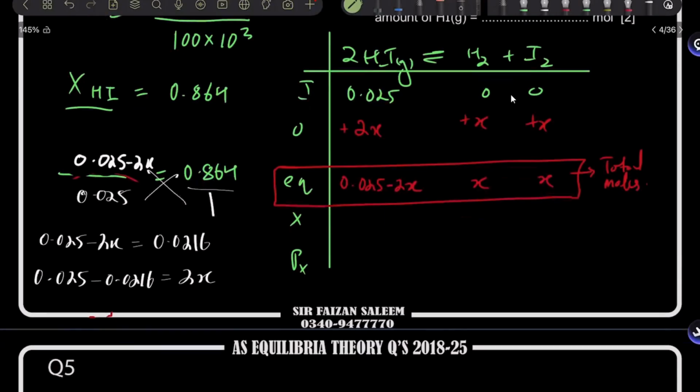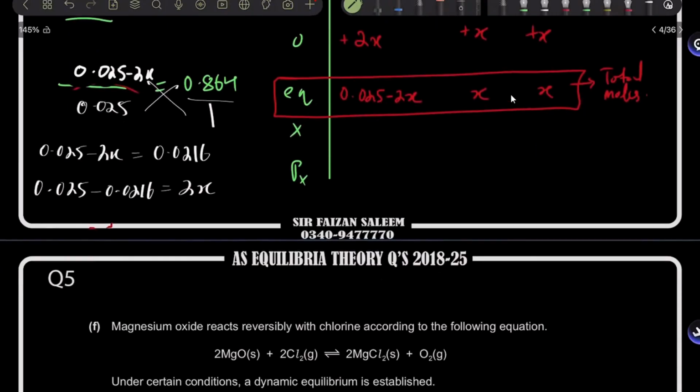The left hand side is 0.0034, and that divided by 2 is equal to x, which is 0.0017. So now I have the value of x.